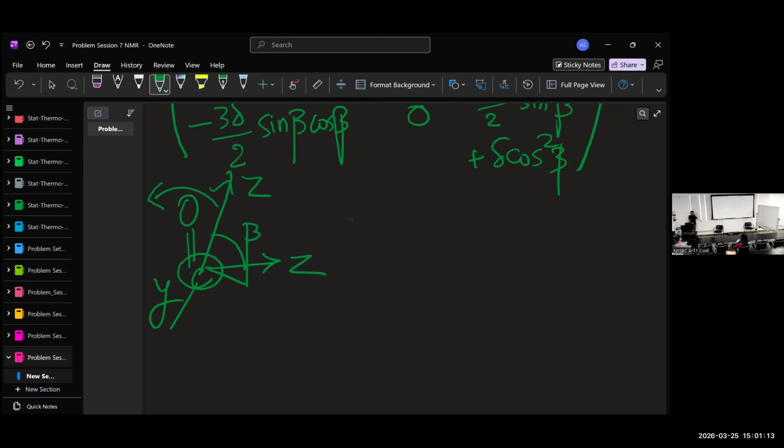So if the molecule was doing this fast enough, and I'll talk in a minute about what fast enough means, where do you think the average principal axis system will be? Let's say the molecule spent 50% of the time in this orientation and 50% of the time at this angle, and it was doing it really fast, and I'll talk about what fast means.